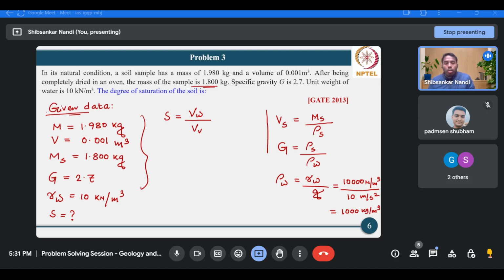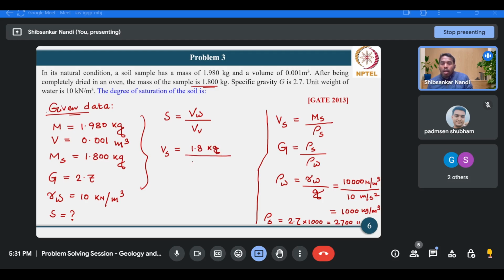Now we know rho W, we know G. So the rho S value would become 2.7 multiplied by 1000. That means 2700 kg per meter cube. So as we know rho S, our next step will be to calculate the Vs. So Vs will be Ms by rho S. Now what is the value of Ms? 1.8 kg.